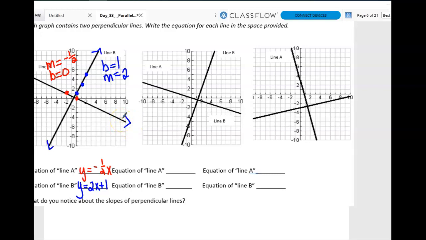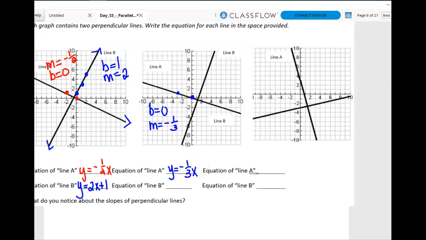Moving forward, the second example for perpendicular, let's look at line A. My y-intercept for line A is going to be 0, and my slope in this case, I'm going to rise 1 and go to the left 3, so my slope is -1/3. So I can write the equation of line A as y equals -1/3 x.